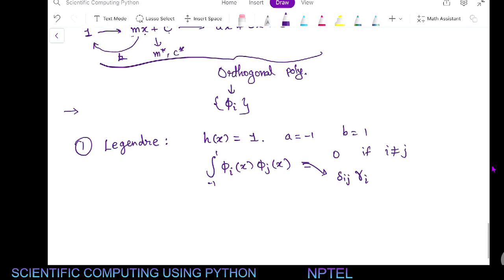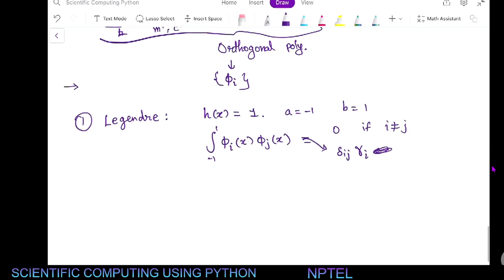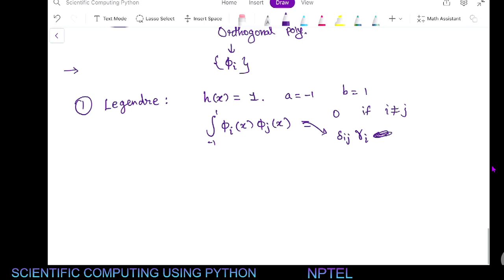In the case of Legendre polynomials, this gamma i is some number that is a function of i. And what are these polynomials?